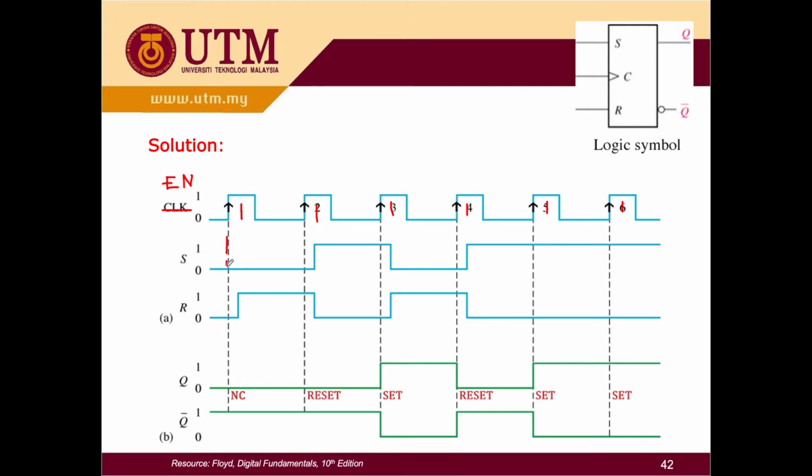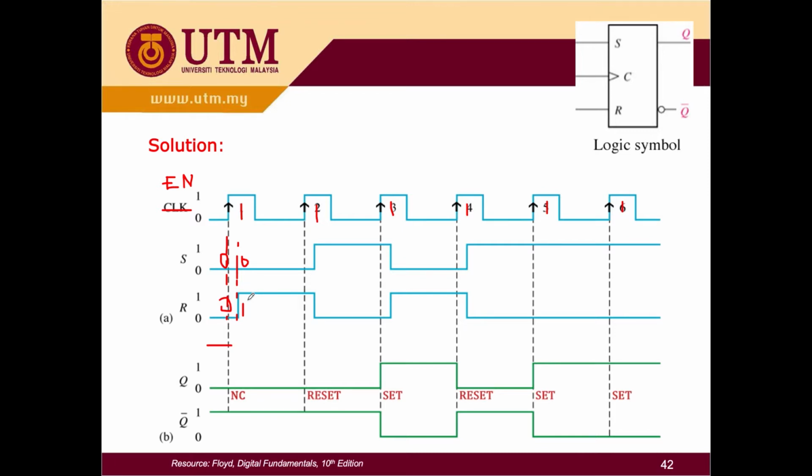So over here you can see the first thing that happens here is 0, 0. Of course it's going to remain until over here, where there is a change for your inputs while your EN is 1. So you need to check, it is 0 and 1. 0, 1, what is it?